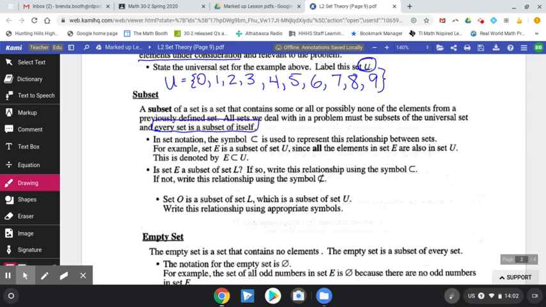Is set E a subset of L? If so, write this relationship using the symbol for subset. If not, write this relationship using the symbol for not a subset. All right, so let's go back. Is set E a subset of L?